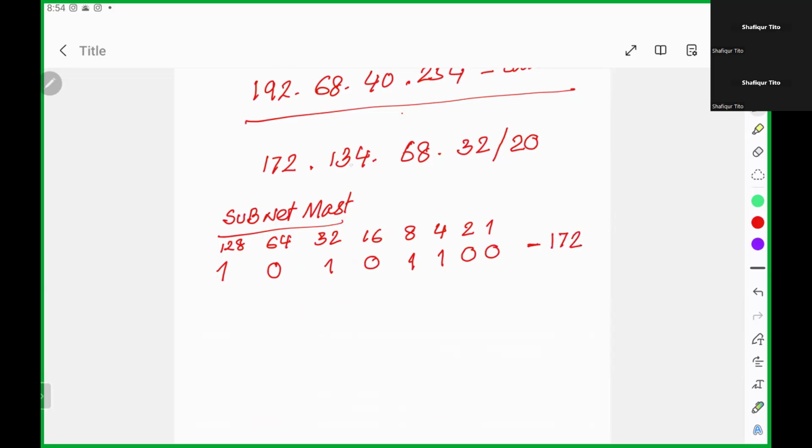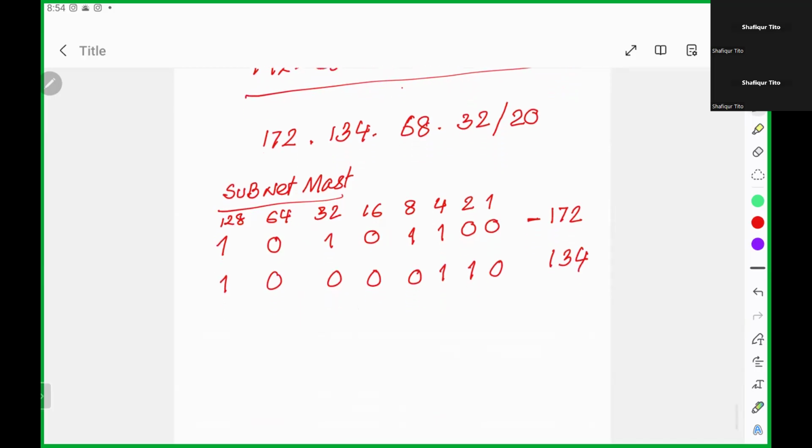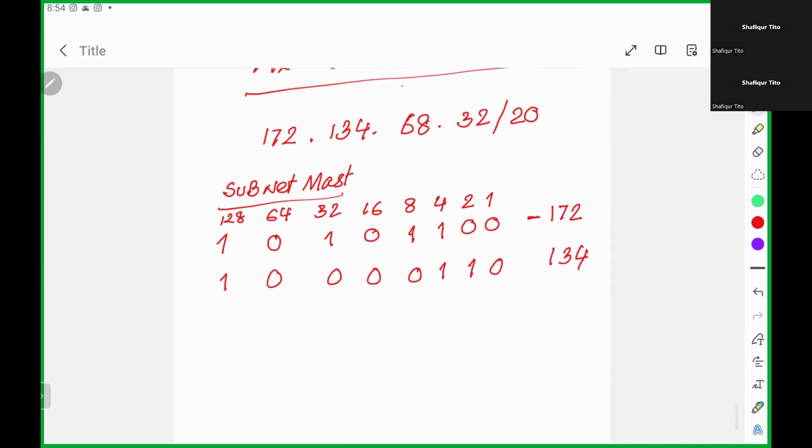Then I need to convert 134, that will be 128 with 6 remaining. So 6 is 4 and 2, and the rest will be 0. So that will be 134. And then I can find out 68. For 68, I take 64 and 4, and the rest will be 0.